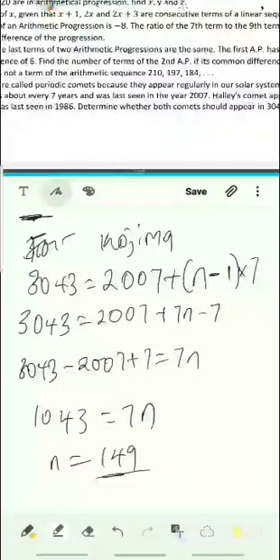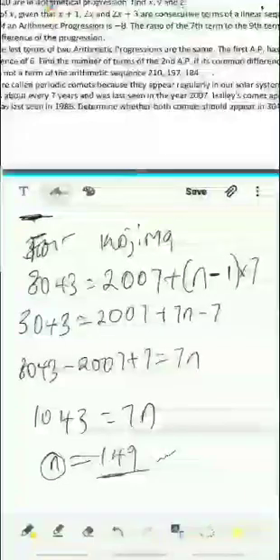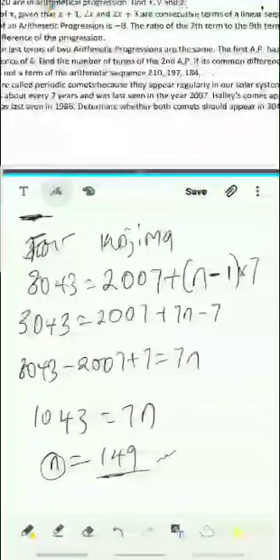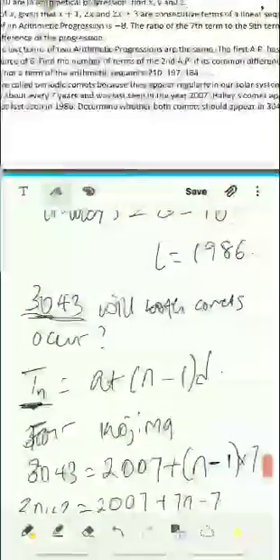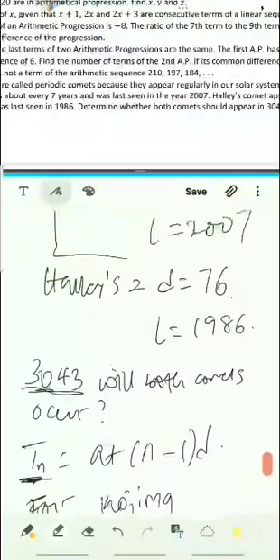Since n is a natural number, not like the previous example where we got 16 point something, it means it's true. It's going to occur in the year 3043, 149 times from 2007. 2014 will be the first time, 2021 the second time, 2028 the third time, and so on. So definitely the comet Kojima is going to occur in 3043.